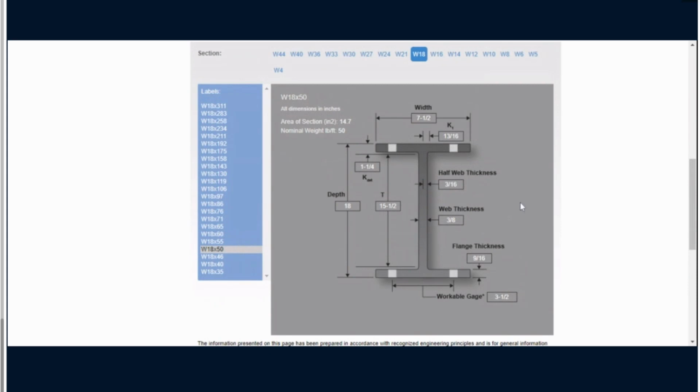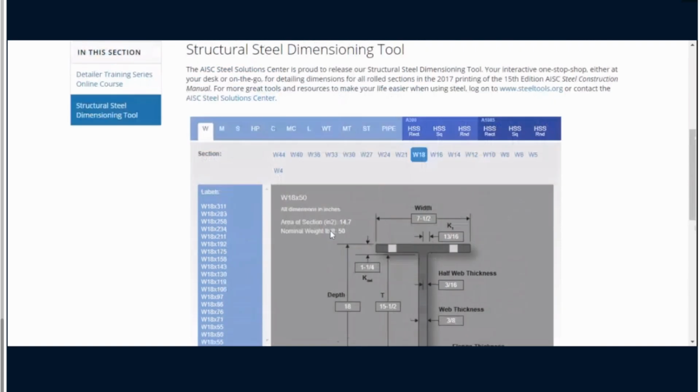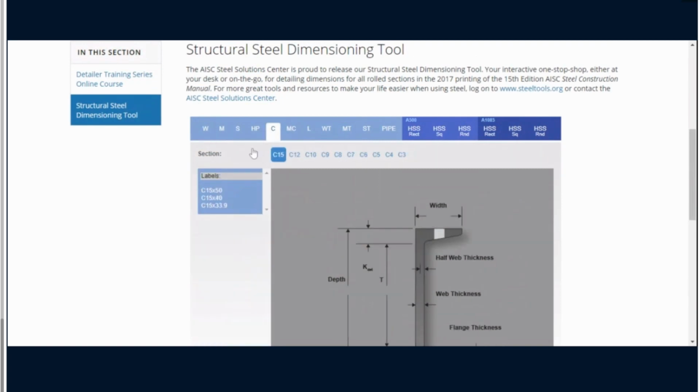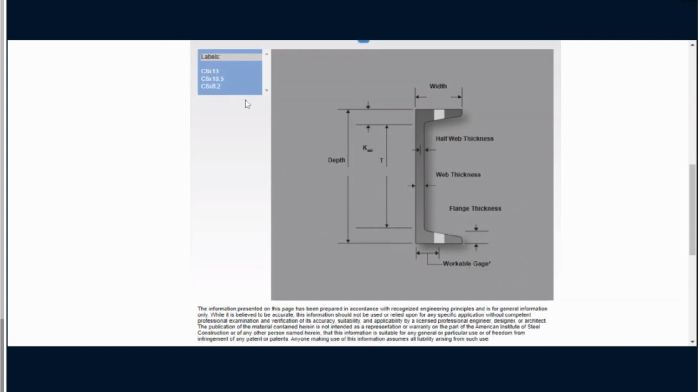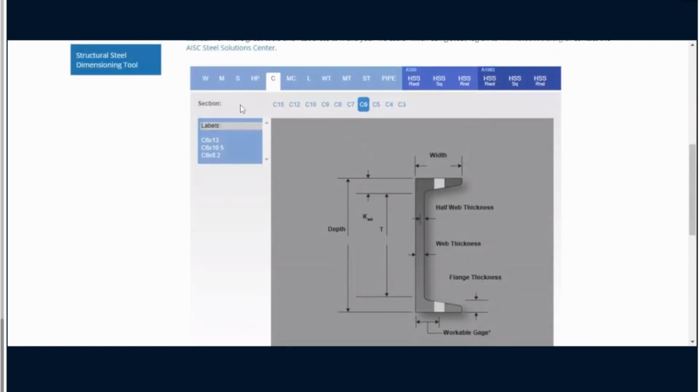Only the dimensions. So, for example, you want another section, say a channel section. You have a channel here and say you want C6 by 8.2. So you select C6, and there are your dimensions.